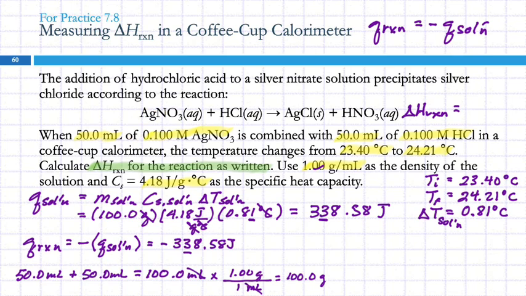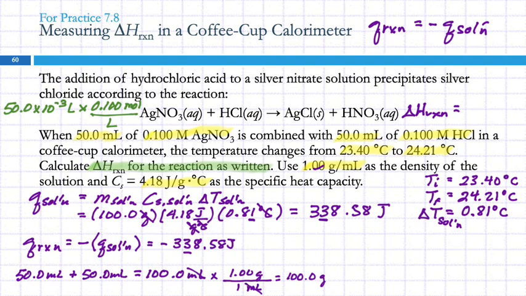So what we need to do is find out, well, how many moles reacted here? Well, at 50 milliliters, we could write that as 50.0 times 10 to the minus 3 liters, reacted with 0.100 moles per liter. The volume and concentration of each of these reactants is the same, so the number of moles of each is the same, and the mole ratio is 1:1. So there's no limiting reactant here, they just come out just right.